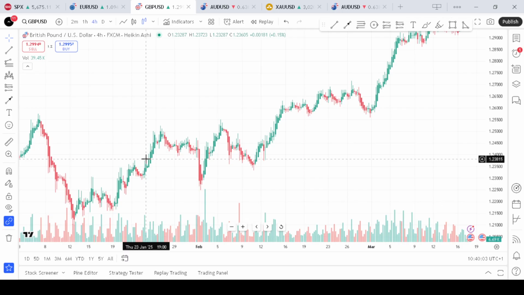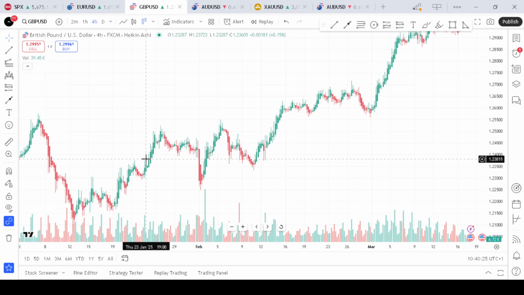This reflects its use of averages to smooth out price movements. This technique modifies traditional candlestick charts by using a unique formula to calculate each candle's open, close, high and low prices, making it easier to identify trends and reversals.